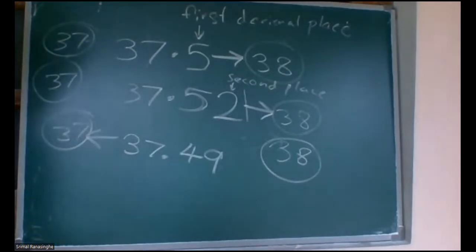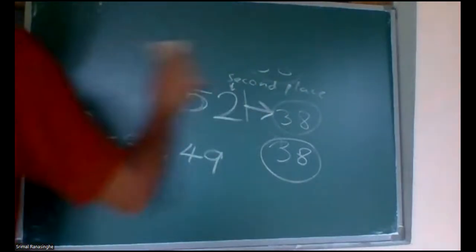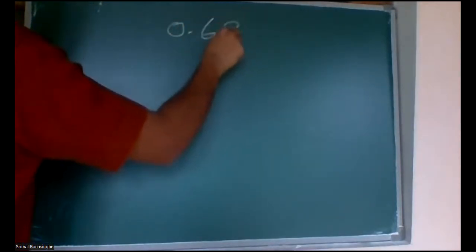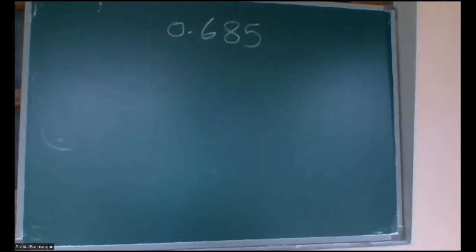Write this question. I want to know your knowledge about decimal places. Zero point 685. Write this into the first decimal place and the second decimal place.